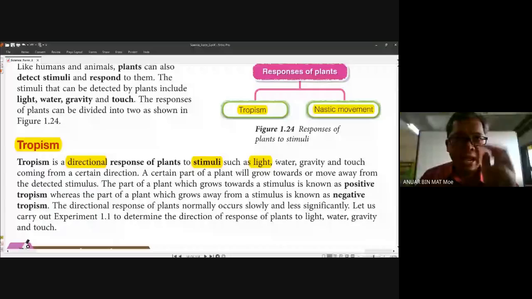Okay, can you remember this? Stimuli that can be detected by plant. Yeah? Light, water, gravity, and touch. This is the stimuli that can be felt by the plant.